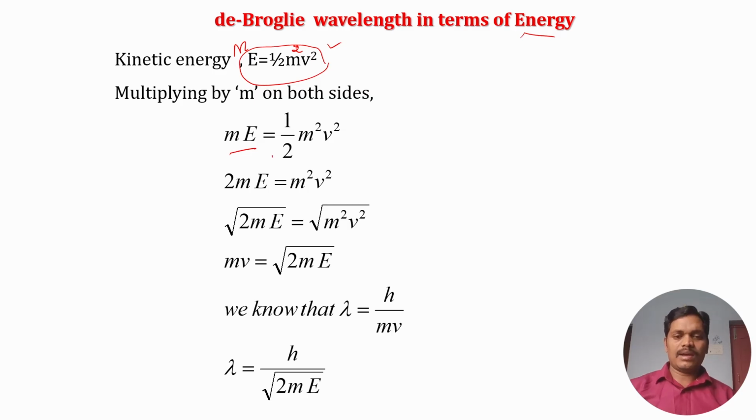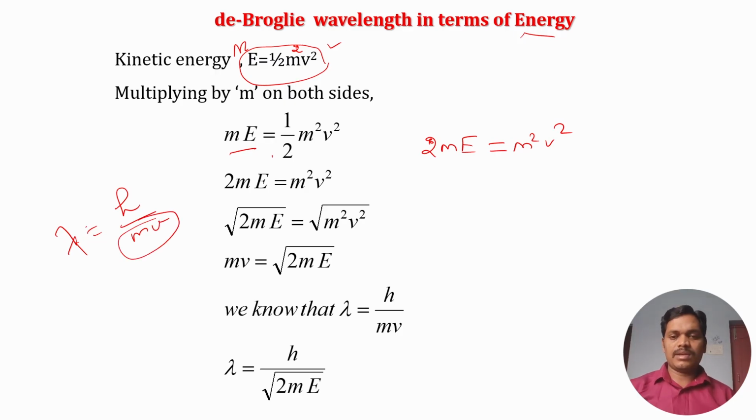If you cross multiply, you have 2mE is equal to m square v square. In the previous slide, we discussed the de Broglie wavelength equation, lambda equal to h by mv. So we need to find mv.